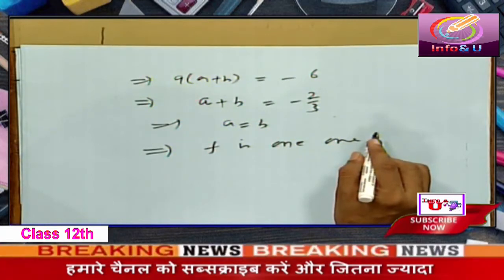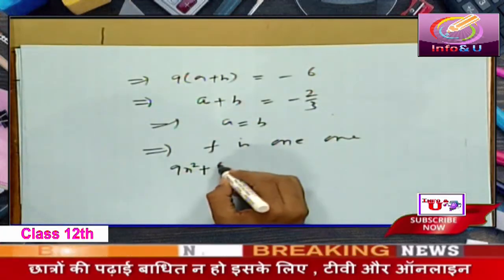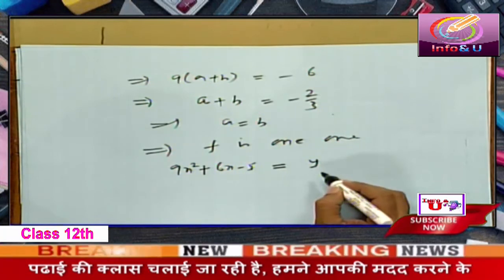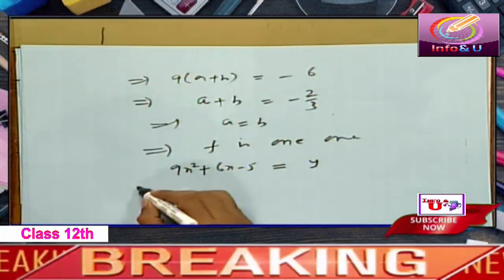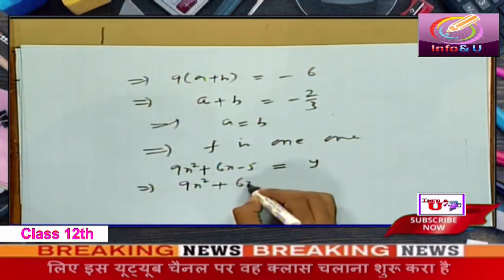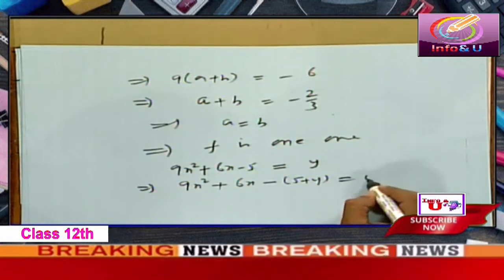Our next step is to prove that f is onto. For that, we assume the image 9x square plus 6x minus 5 to be equal to y. This gives the quadratic equation 9x square plus 6x minus 5 minus y equal to 0.